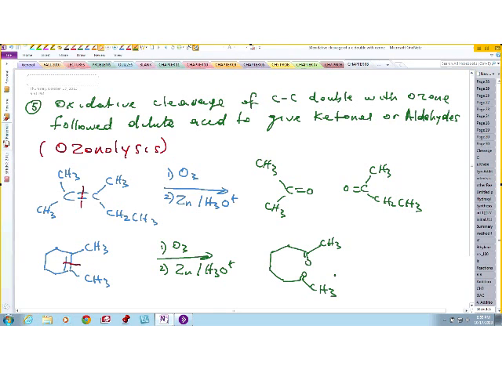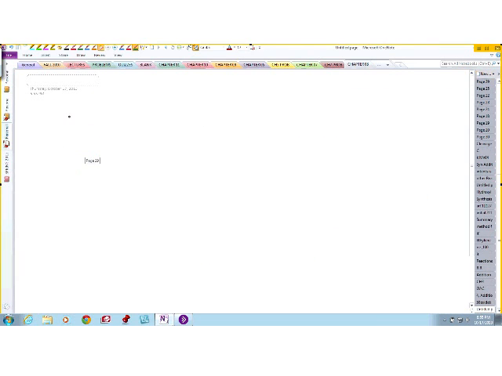Now, so far the examples that I've given you are examples in which you get ketones. Supposing we have this.